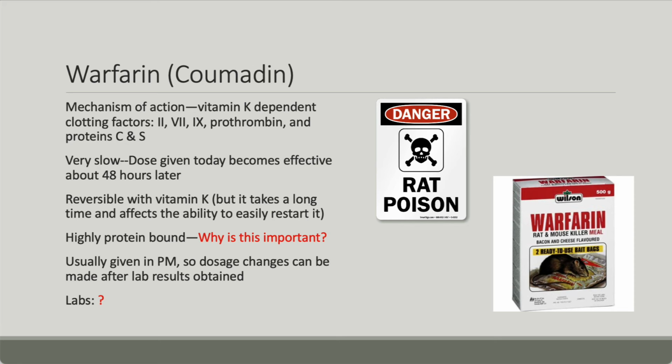It's required at specific factors, and vitamin K is required to cause clotting. And so we use this vitamin K analog called warfarin to sort of block that ability and make it harder for the blood to clot. So the vitamin K dependent clotting factors are 2, 7, 9, and 10, and prothrombin, and this stuff called protein C and S.